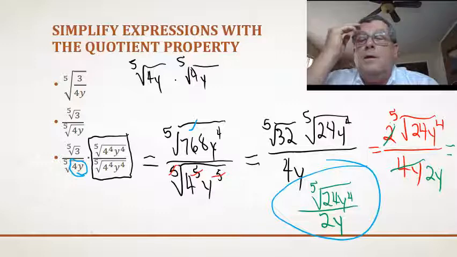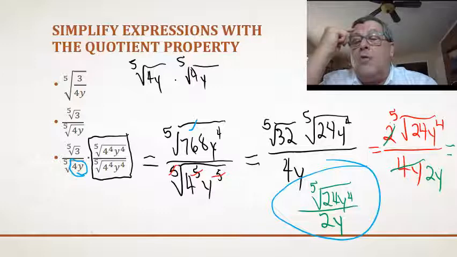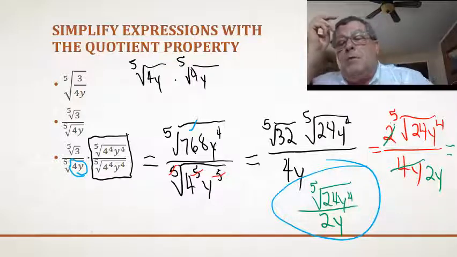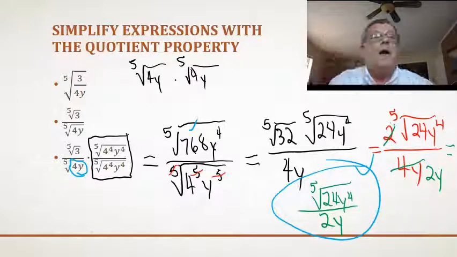And then once I got that, I had 2 to the fifth power times the fifth root of 24y to the fourth power over 4y. I got a 2y and a 4y that I could simplify down to just 2y in the denominator. And there we go. Here is our answer.